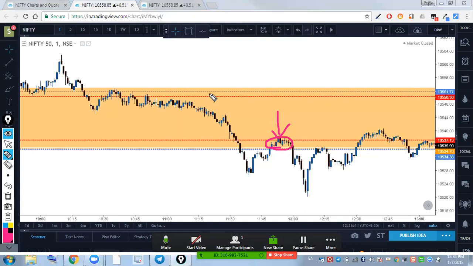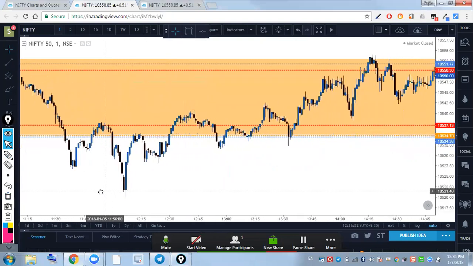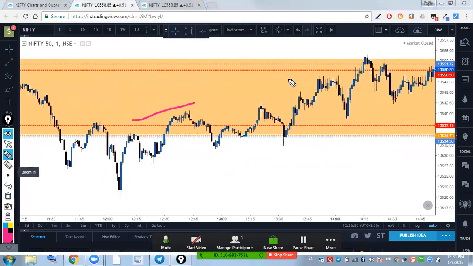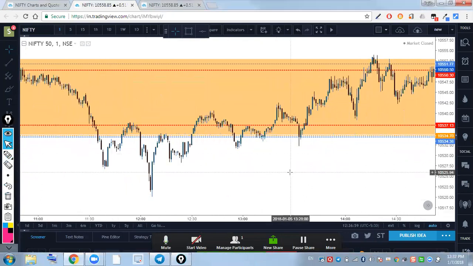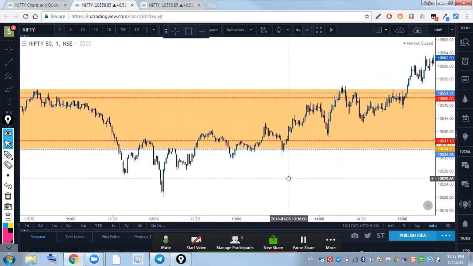Looking at that, we trailed our stop loss, and then from here price reversed and it really didn't work out. So a messy day, and then the trend started and zoomed way back to the top from where it started, right? So this was the day for us, and not a bad day.